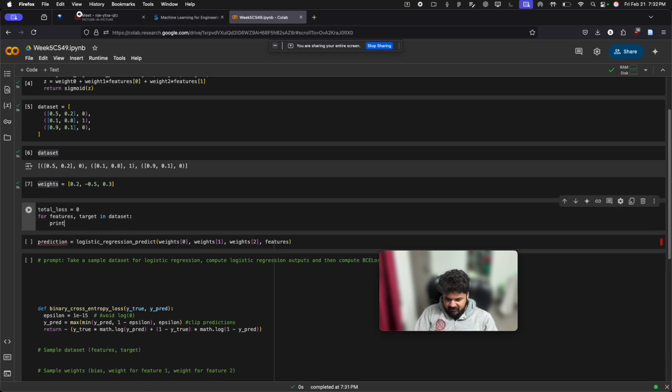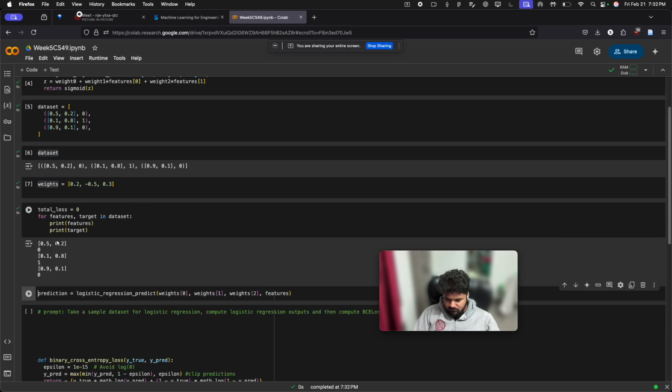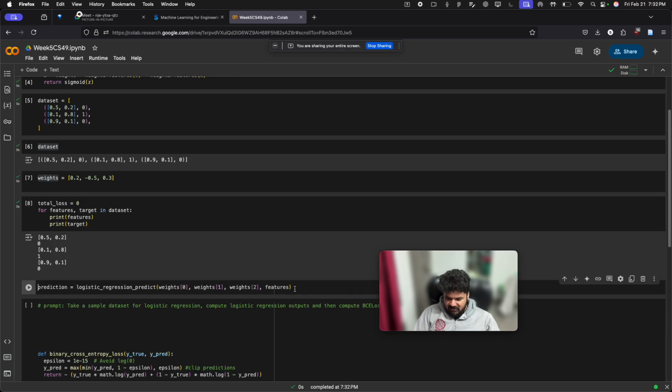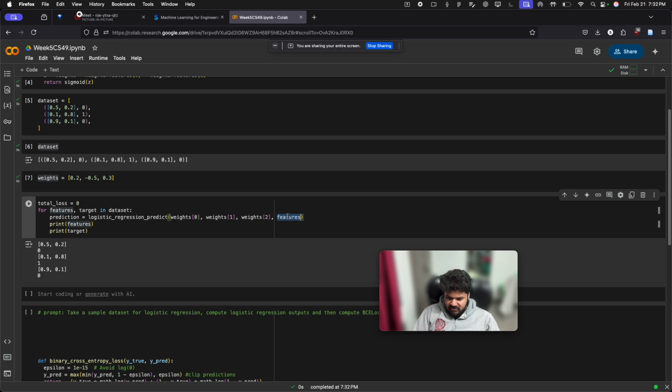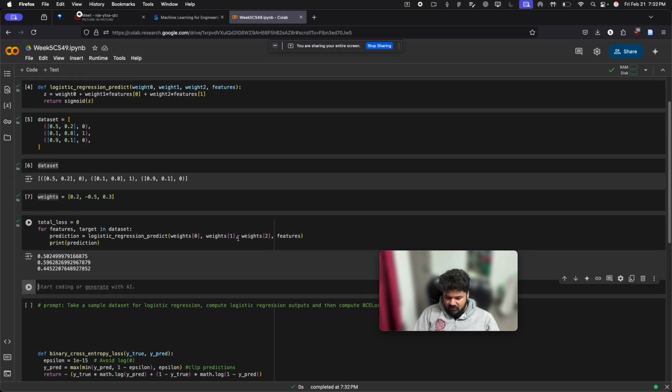Okay. Let me print features. And let me print target. So we will pass these features as they are. We take prediction. Right? So these are the predictions.